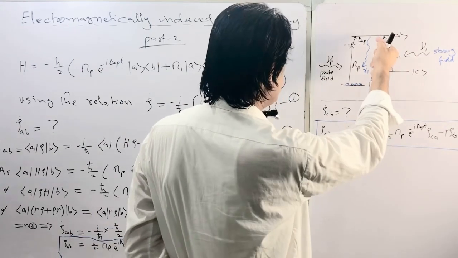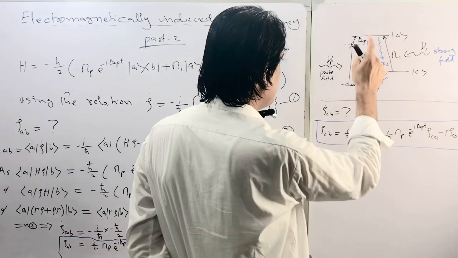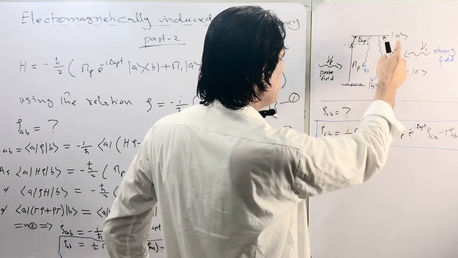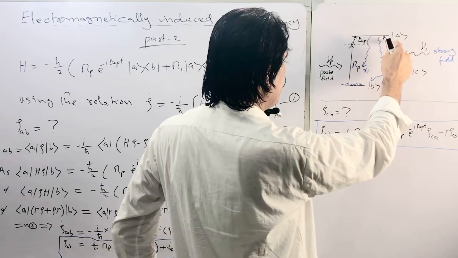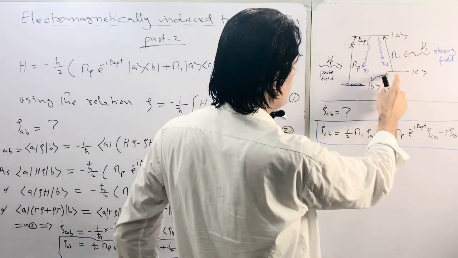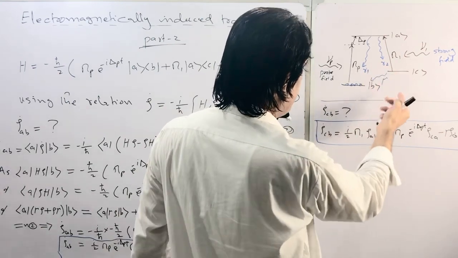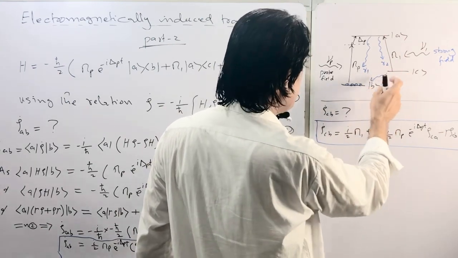The decay from level A to level B is denoted by gamma 1, and the decay from level A to level C is denoted by gamma 2, and there is a collisional decay.